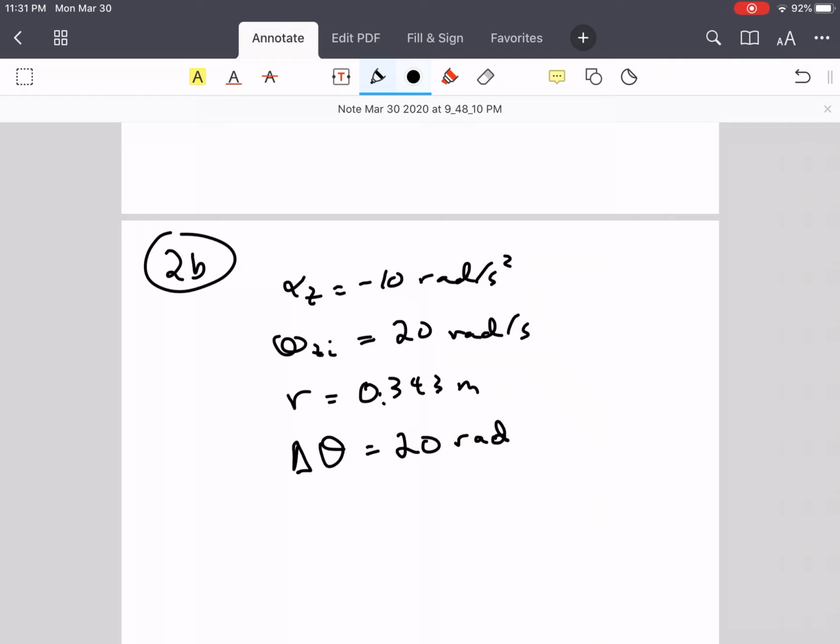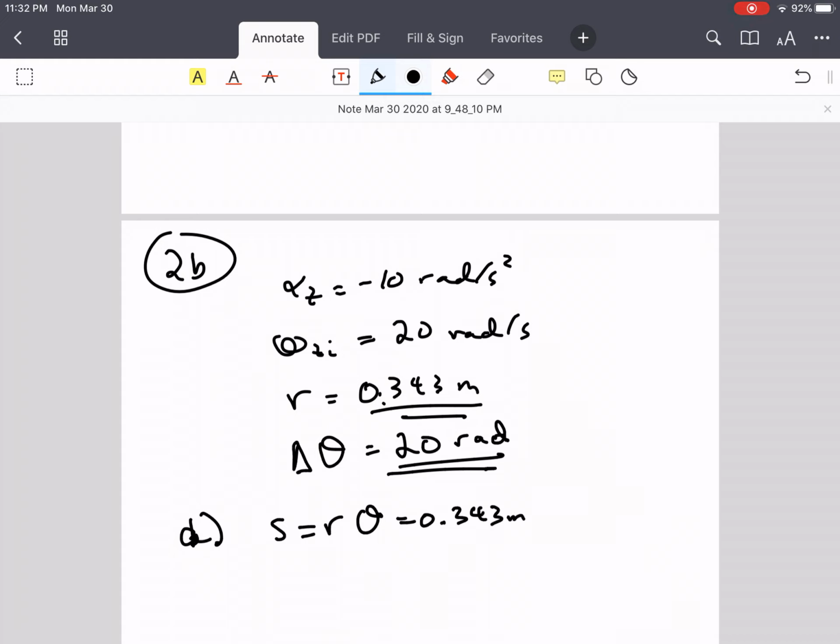And now we want to know how far it traveled in this time. So here is where we're going to use this nice formula that connects distance to angle. In particular, the total distance traveled when I go through angle theta is r times theta. Here the angle is 20 radians and the radius is 0.343 meters. So I just multiply 0.343 meters times 20 radians.